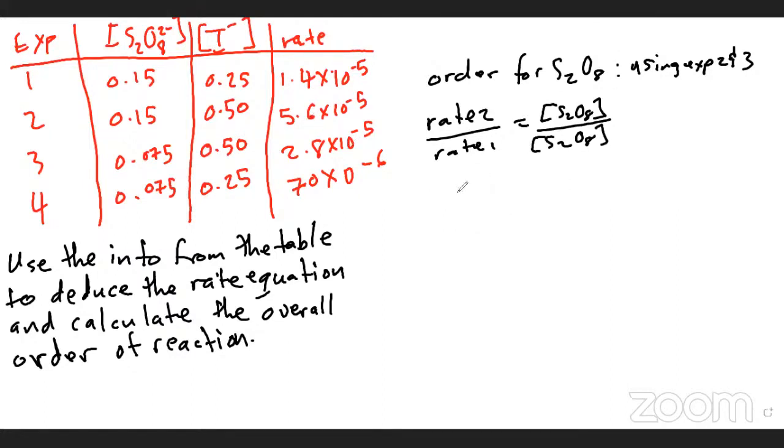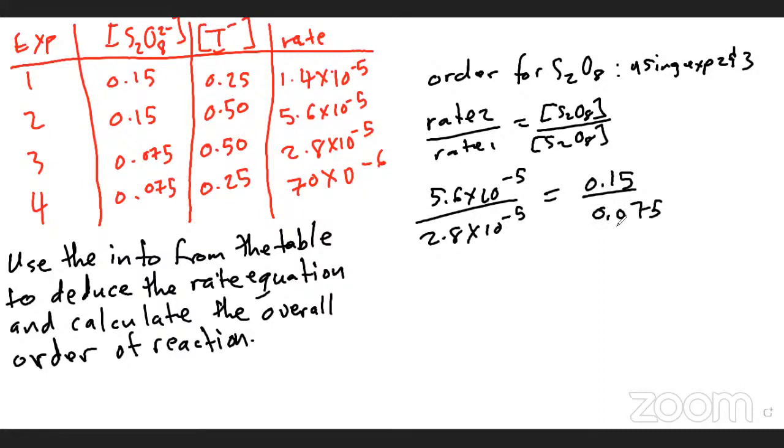So 5.6 times 10 to the minus 5 divided by 2.8 times 10 to the minus 5 is equal to 0.15 divided by 0.075. This would be 2 is equal to 2, so the order is 2 over 2, which is 1. So it is first order.